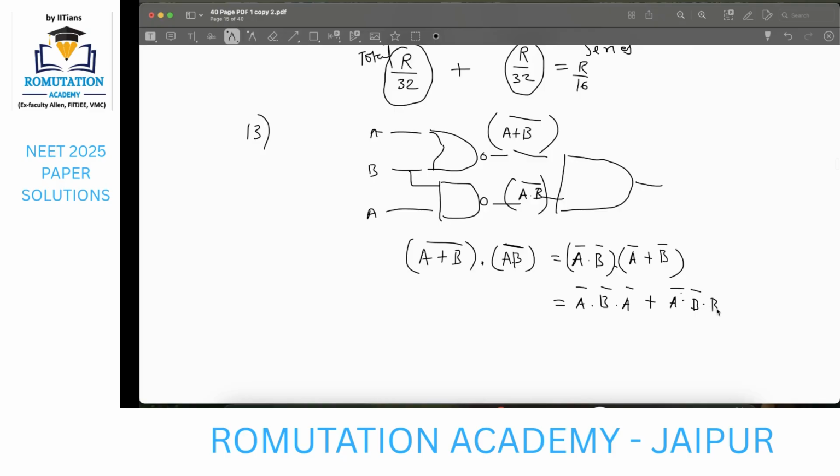Now using the associative property of Boolean algebra and these gates, you know it very well: when you take an AND between the same thing with the same thing, your answer comes out exactly the same. So the overall result of these two getting ANDed will become A bar dot B bar, and the same will happen for these two, so A bar into B bar.